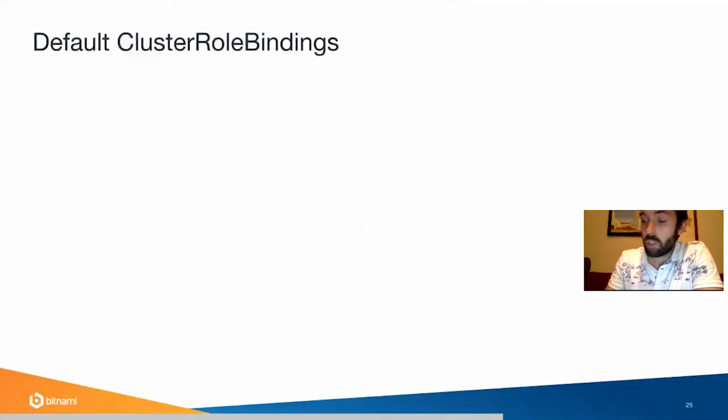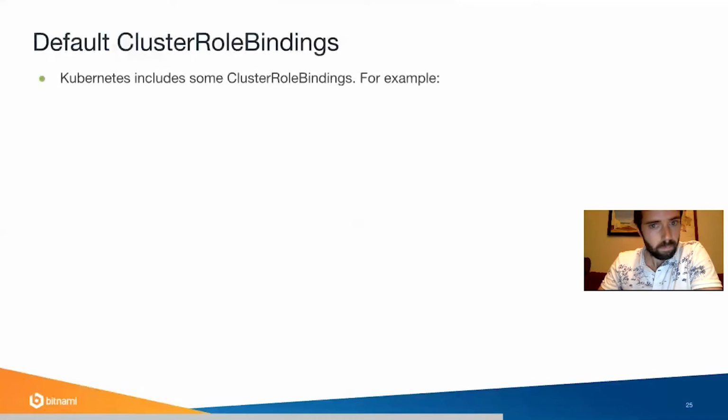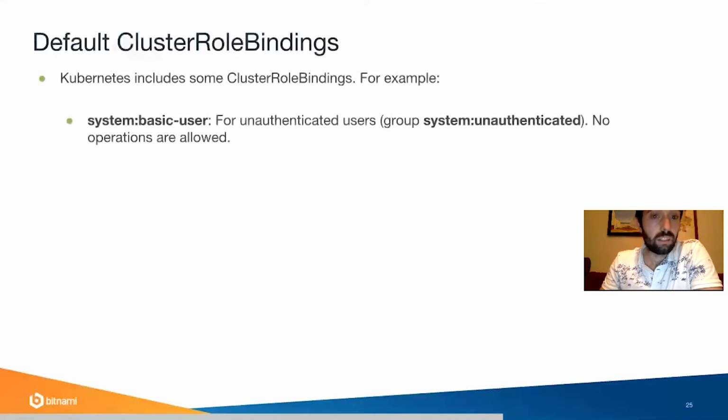It's because when you create a cluster, you already have some cluster role bindings set by default. For example, we have this cluster role binding called system basic users, which basically says that the users belonging to system unauthenticated can't do anything, just an empty role.